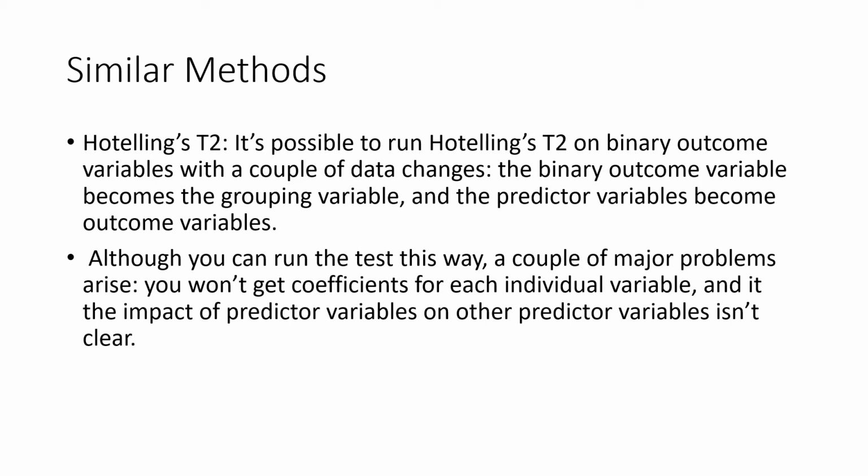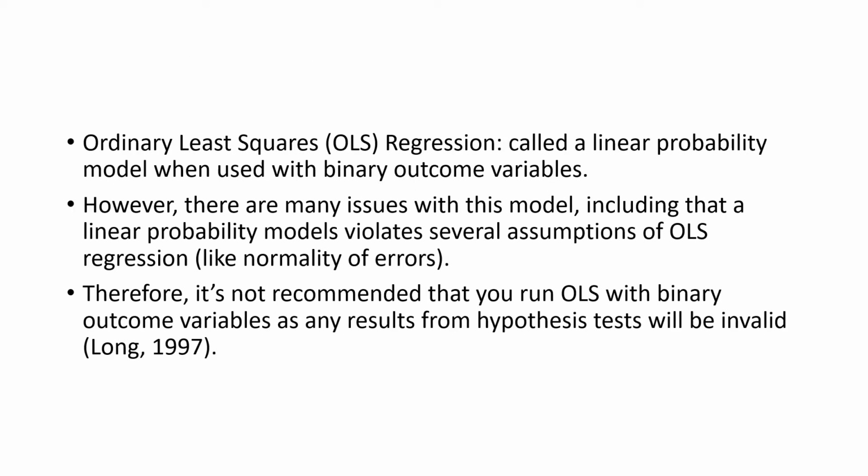Here the binary outcome variable would become the grouping variable, and the predictor variables would become the outcome variables. Although you can run the test in different ways, you would be facing a couple of major problems, like you won't get a coefficient for each individual variable, and there are chances for your predictor variables to get impacted as a result of this.